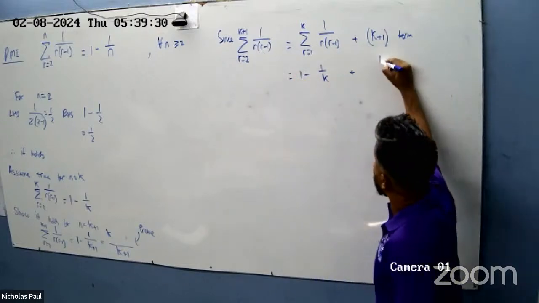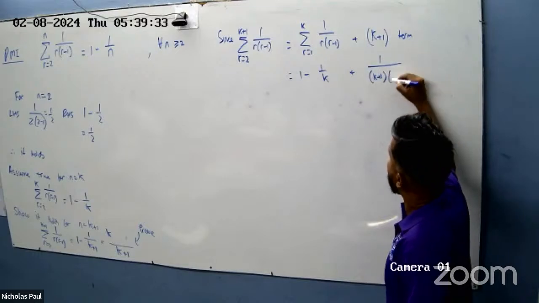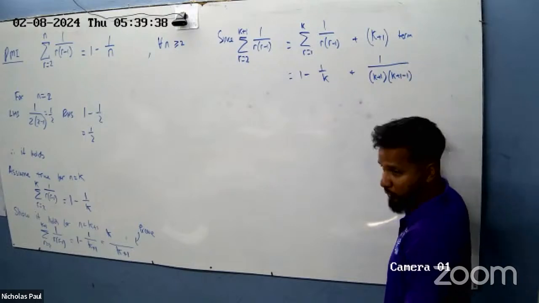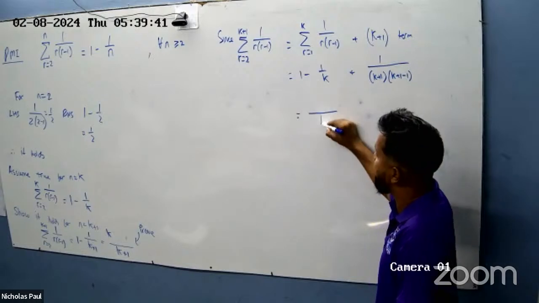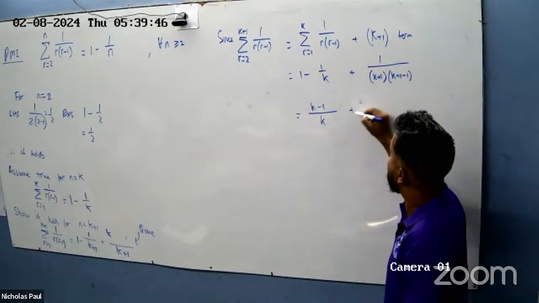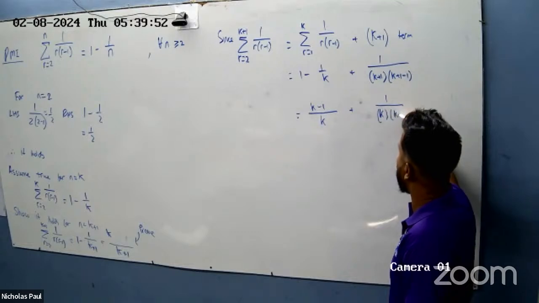So it will be 1 over (k+1)((k+1) minus 1), which is just k. Here, you can find the LCM if you want. This is k, so here you will get k minus 1. And here you will end up with 1 over k(k+1).